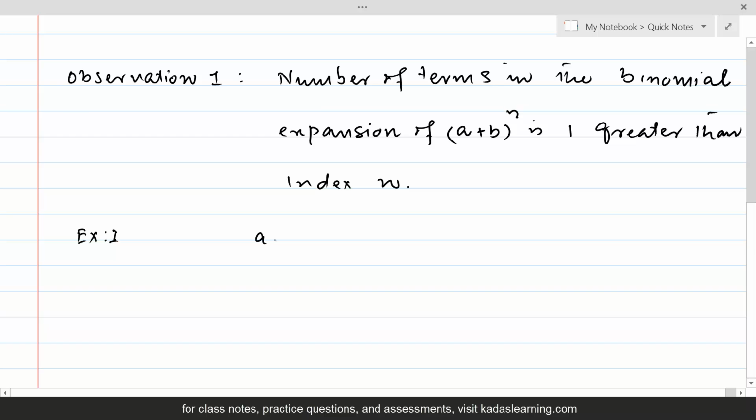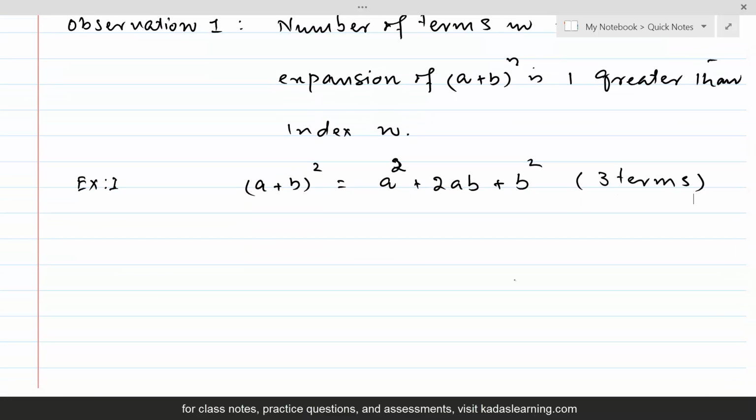you expand (a plus b) power 2, you will see 3 terms in this: a square plus 2ab plus b square. There are 3 terms, while the index is 2. So the number of terms is 1 greater than the index.